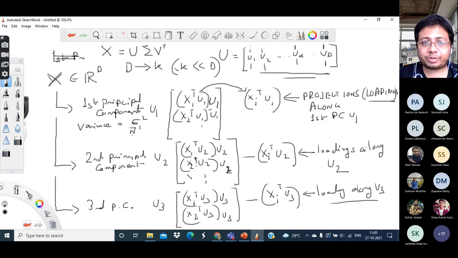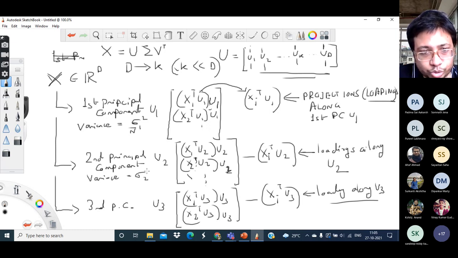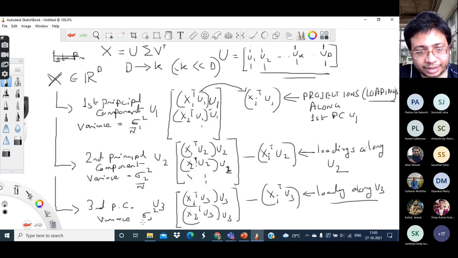This is something we also saw last time. Then when I project the data along the second principal component, its variance along that direction is sigma 2 square by n. Similarly, here the variance is sigma 3 square by n, and so on and so forth.